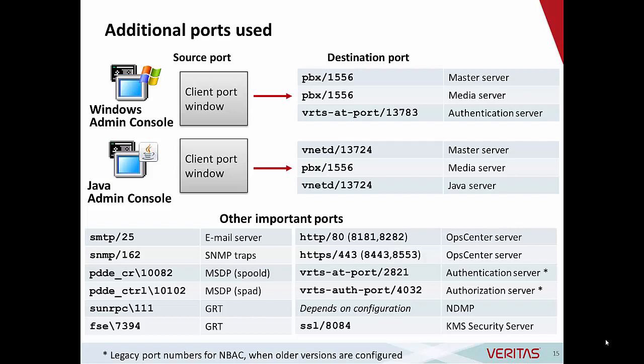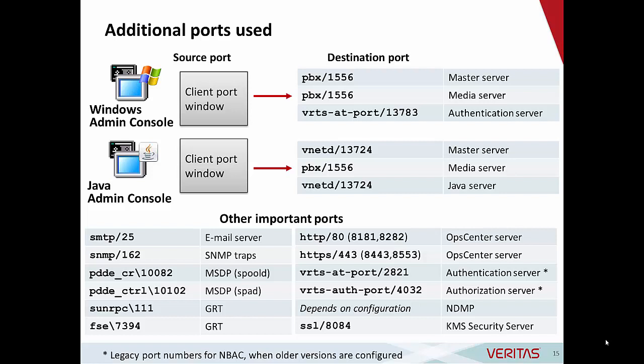There are ports that are associated with NetBackup's deduplication. 10082 and 10102 are used by MSDP pools for any kind of deduplication communication, and by that I mean either client-side dedupe, optimized duplication, or replication through a firewall would use those ports.